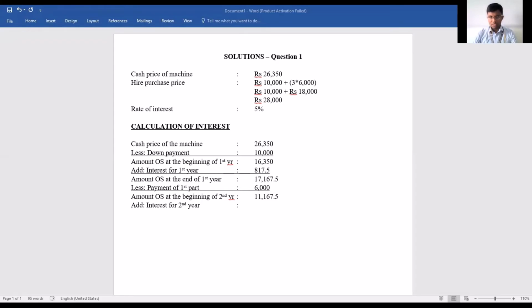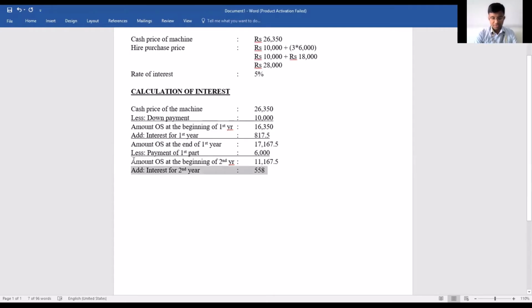So 5% of the amount which is outstanding makes it 558.375. Since the decimals are really small, I'm going to round it off as 558. So this is your interest for the second year.